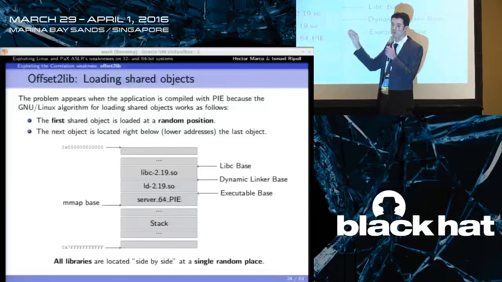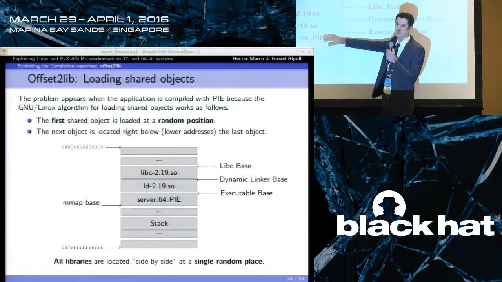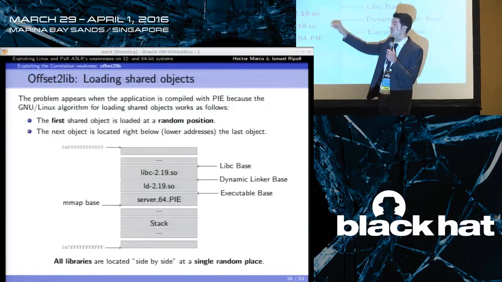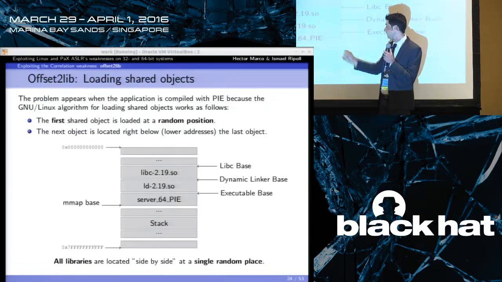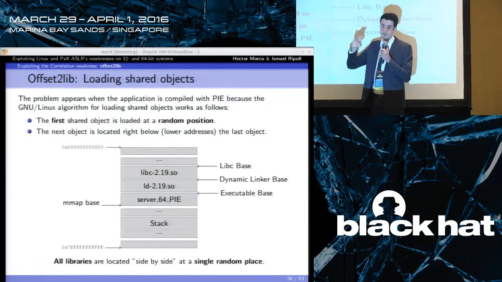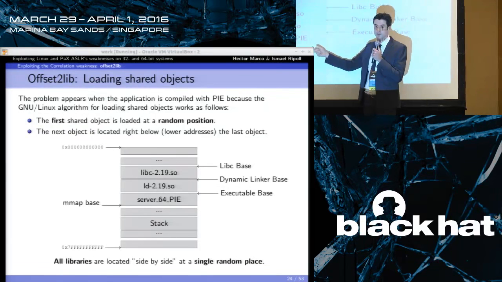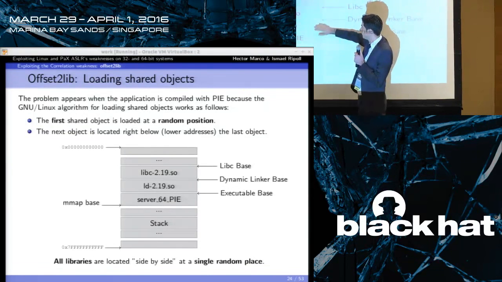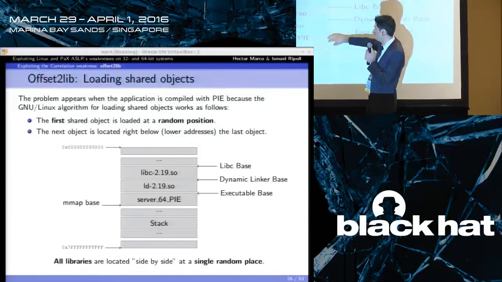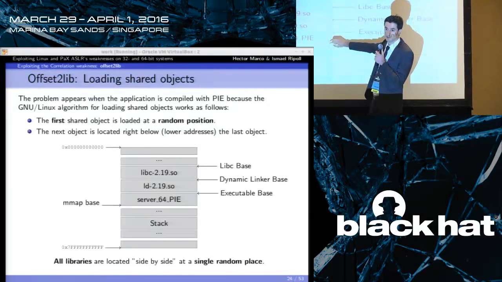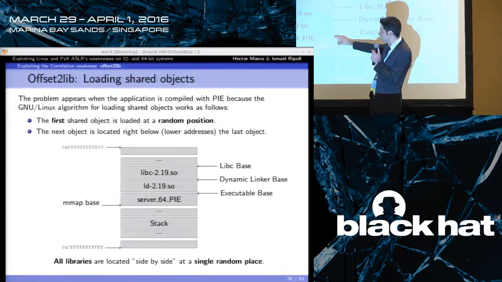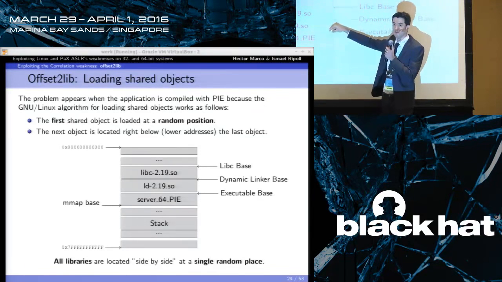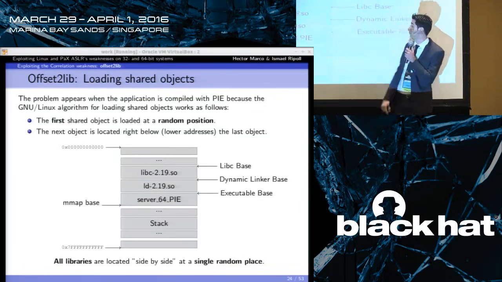The other ones are loaded side by side to the first library. Since the executable is PyCompile, the first shared object is the executable, which means that the executable is together with the libraries. So if we are able to leak an address belonging to the executable, then we can directly, without any effort, obtain the addresses where the libraries are mapped in memory.